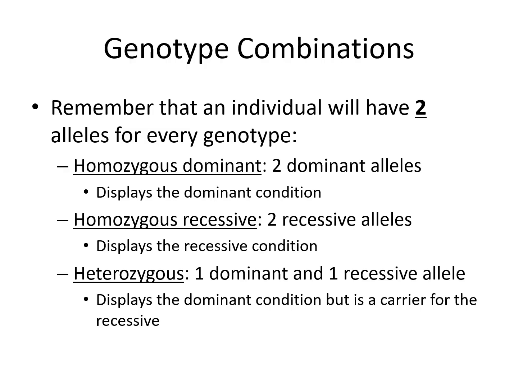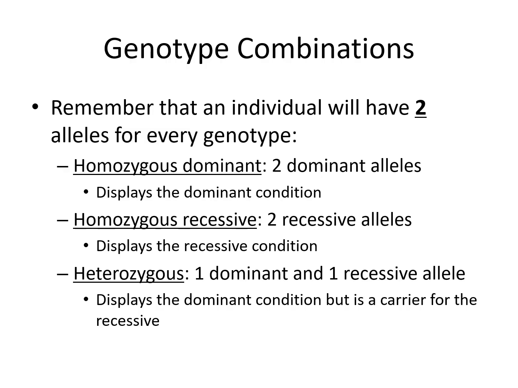This is going to be made up of 2 dominant alleles, and the individual's phenotype will display the dominant condition. A homozygous recessive genotype is going to be 2 recessive alleles, and the display will be the recessive condition.